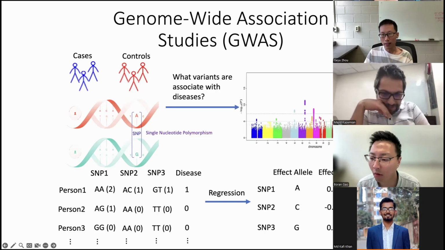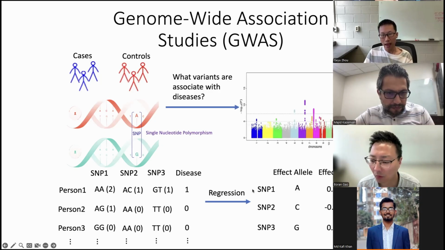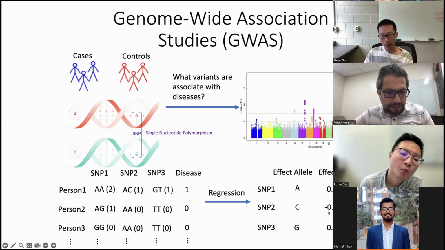The effect size and the p-value measure the strength of the association between the SNP counts, the risk allele counts, and the disease. Typically, we have millions of SNPs being genotyped and analyzed in this way. And after we obtain the results, we can plot each SNP on the chromosomes ordered by their positions.